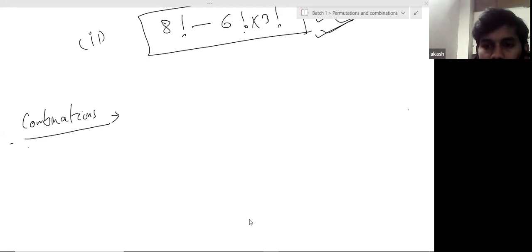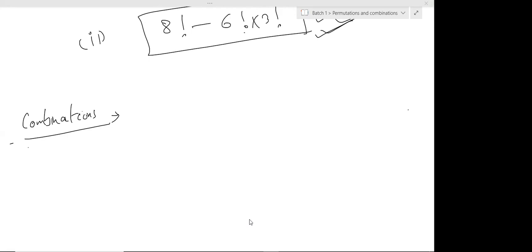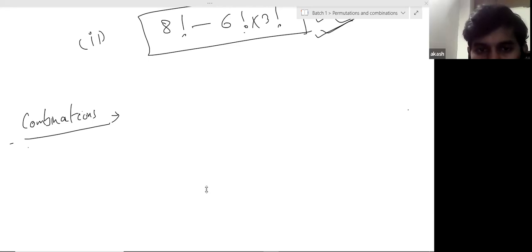Shravya, have you completed the NCERT of permutations? Almost done. Alright. Okay, Gautam, no worries. Take care. Finish it this week.